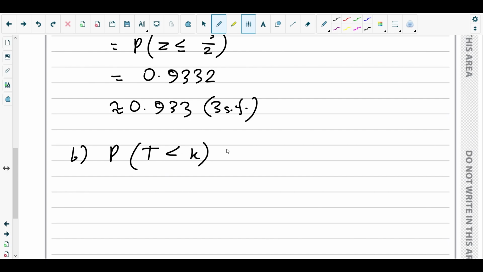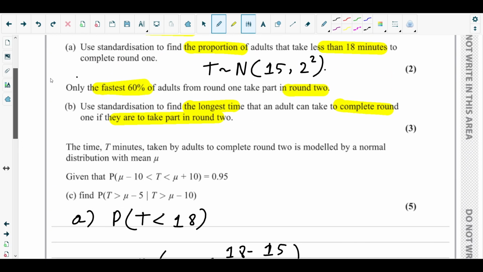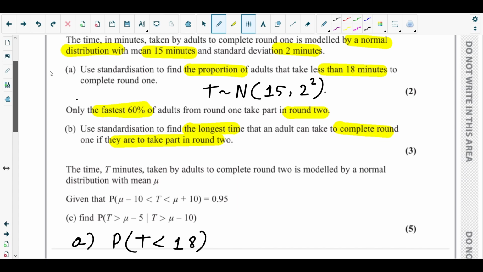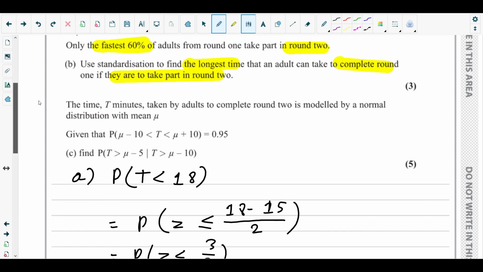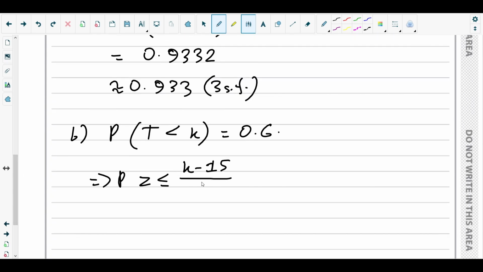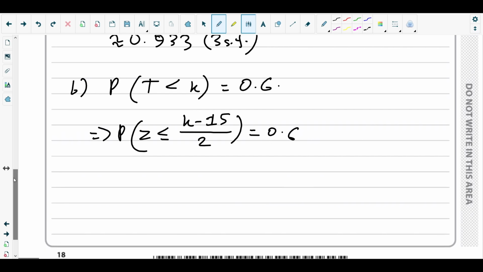It should be equal to the fastest 60%, so 0.6. So the probability of Z less than or equal to x minus 15 over the standard deviation, 2, equals 0.6. Now we need the inverse normal.